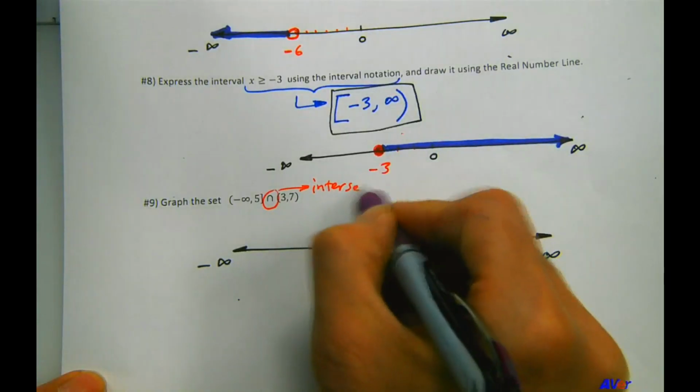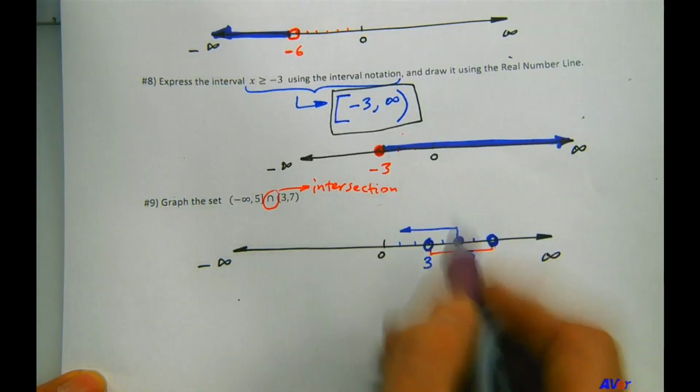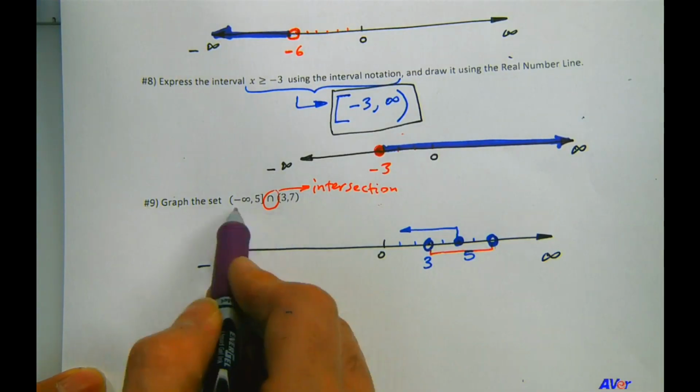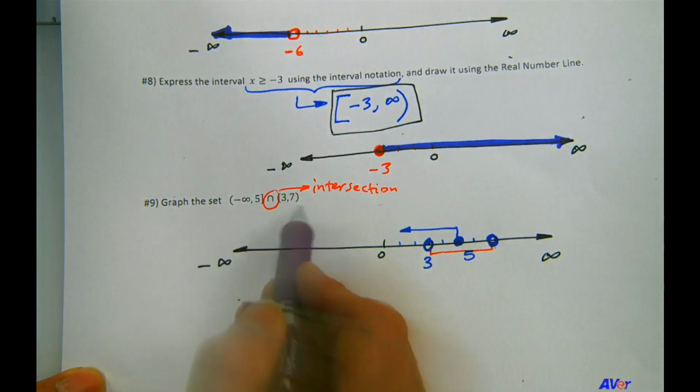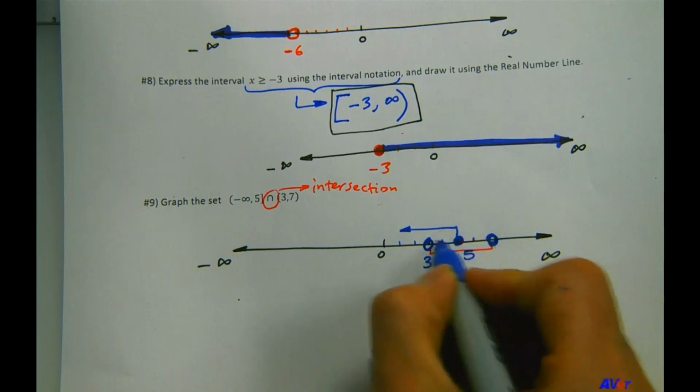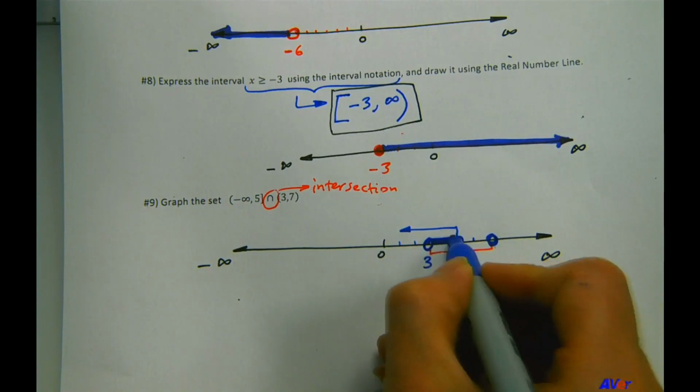Intersection means we're looking for anything that is common to both this interval and that interval, to both. When you look at this graph, what is common to both sets? Well, it's this piece. Let me thicken it. That piece only.